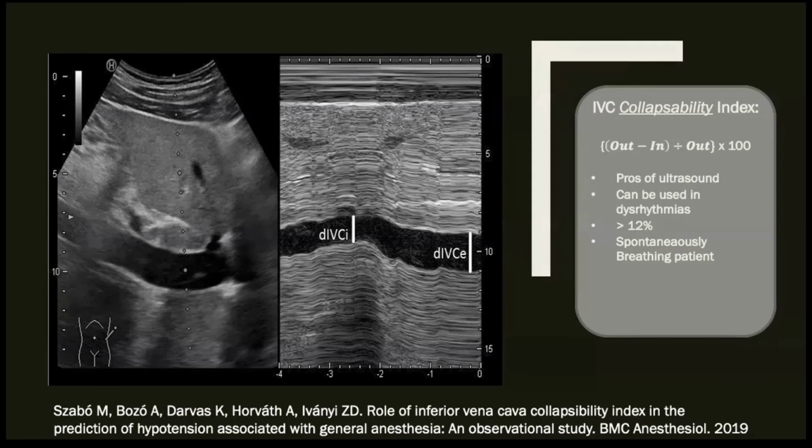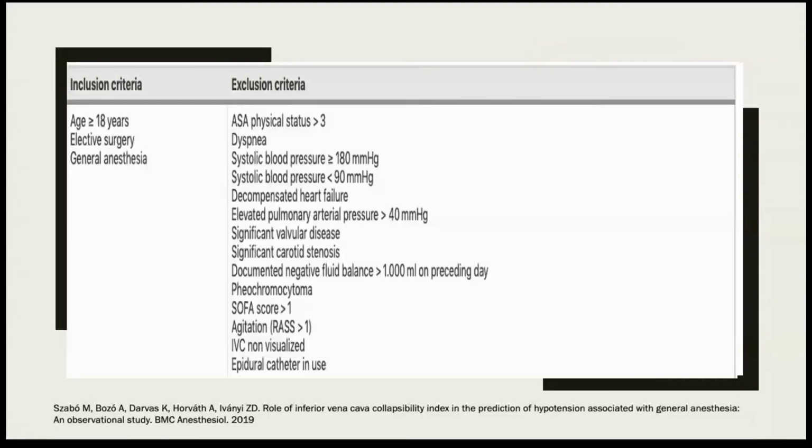The study where I got that picture from, I just wanted to show that with the current studies coming out, you need to read the data for yourself, because if you read the conclusions only, like the study that gave the picture, they said if you ultrasound a patient pre-surgery in elective cases, you can predict hypotension because of the cardio IVC interface.